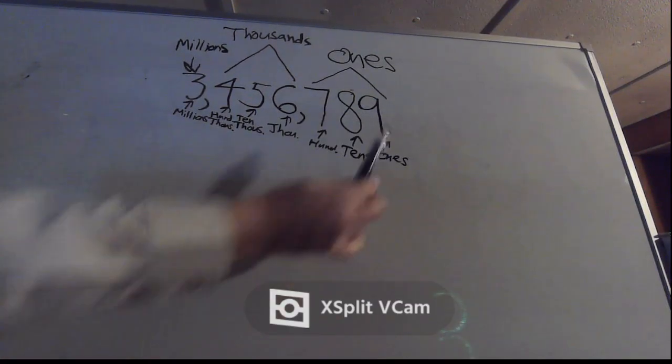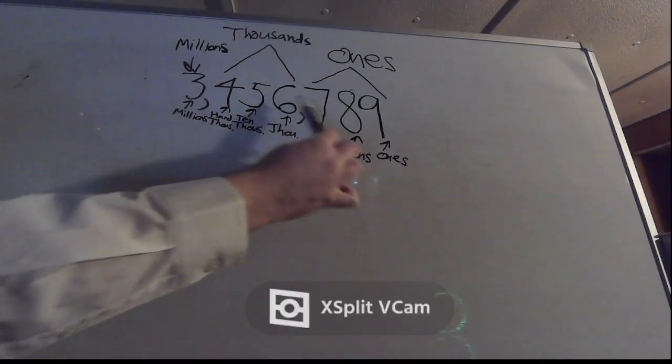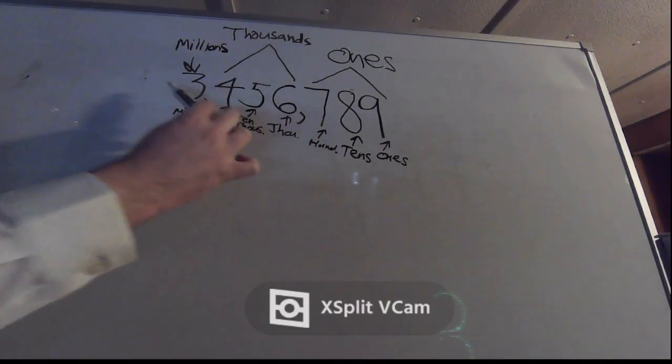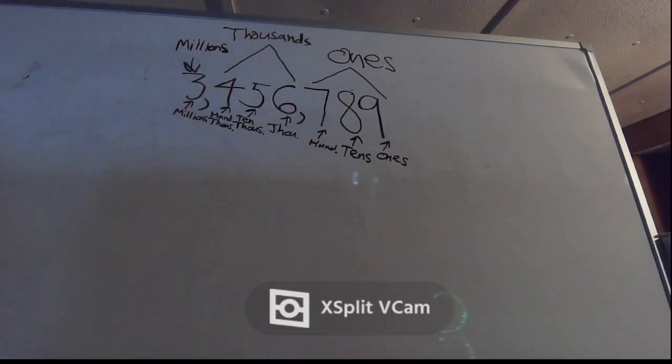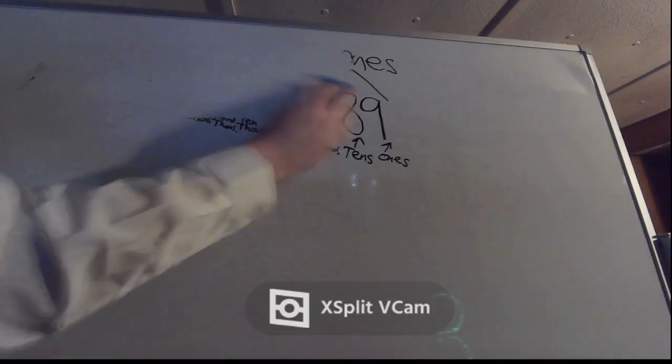So again, this is the ones place, tens place, hundreds place, thousands place, 10,000s place, 100,000s place, millions place. And as you see, it can get infinitely bigger. And I don't know about you, that's more numbers than I care to write, and I'm sure it's more numbers than you would care to write too, or care to see. And I can't say I blame you.